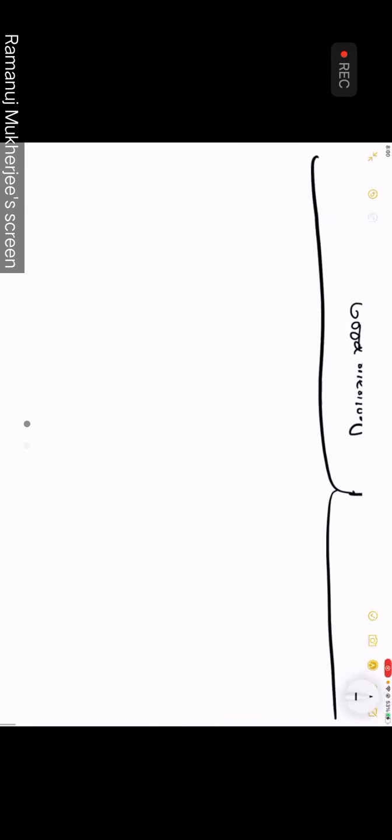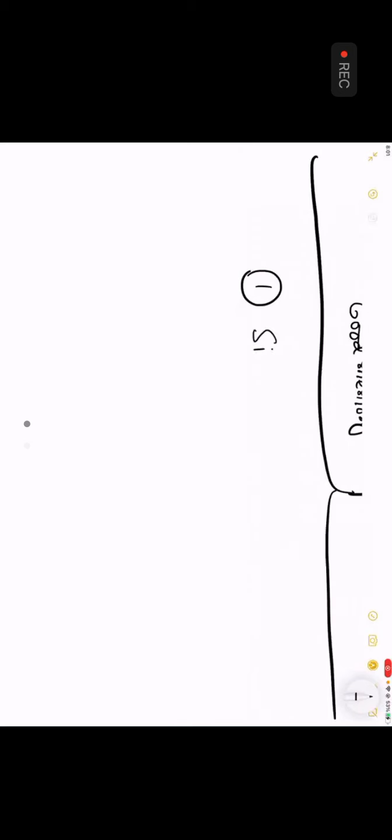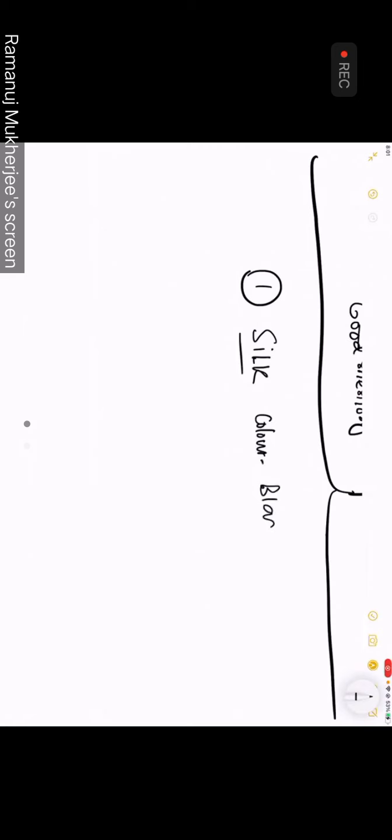Now let us talk about each of the sutures, to start with silk. The color of silk is black. The source of silk is natural, which means it is derived from the silkworm, exactly the same silk from which the Banarasi sari is made.